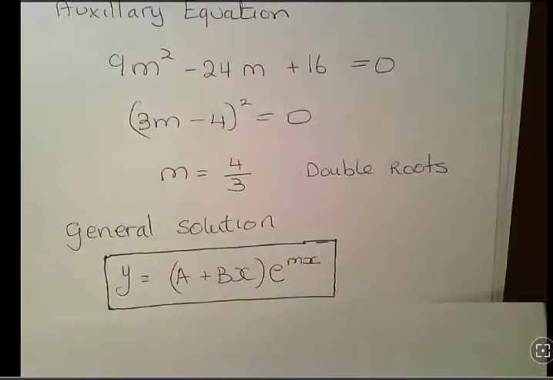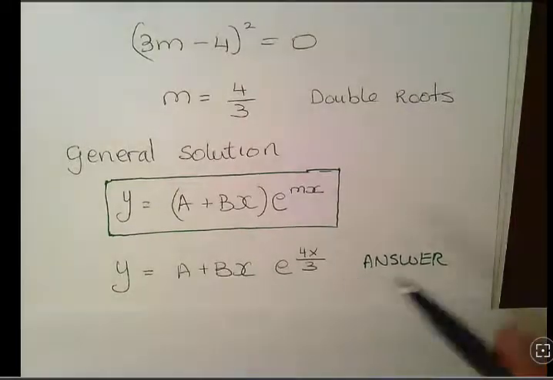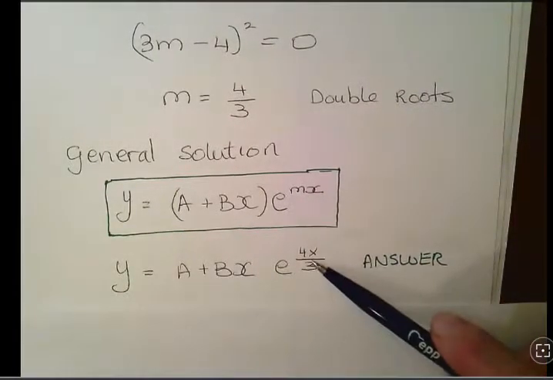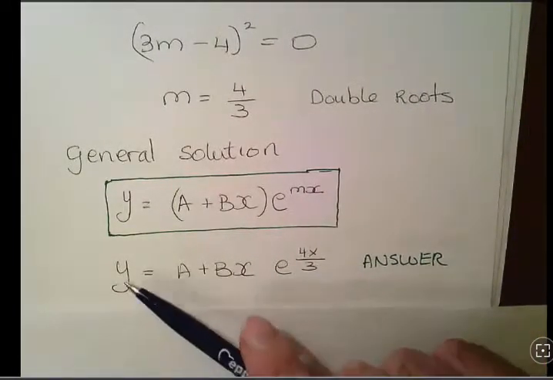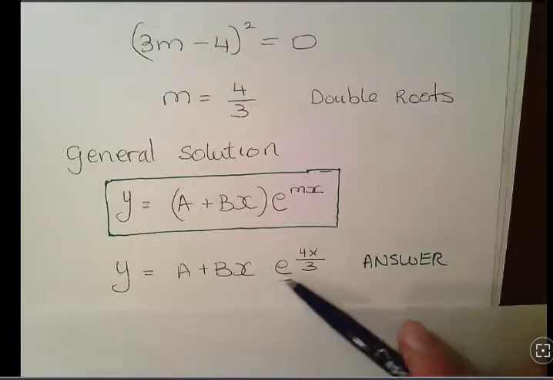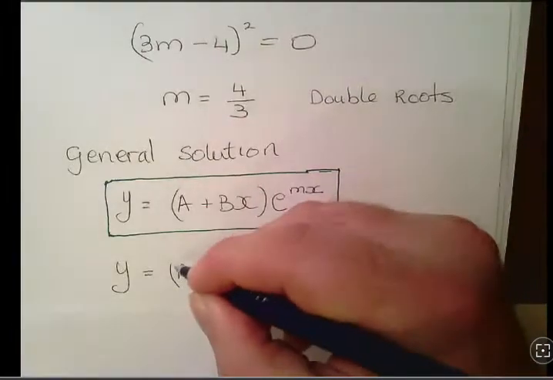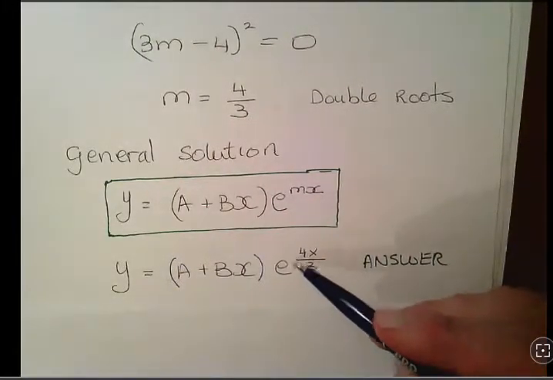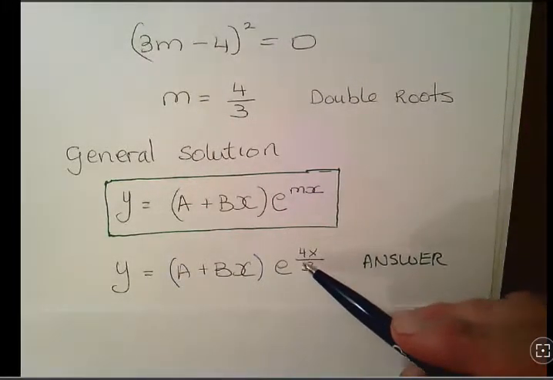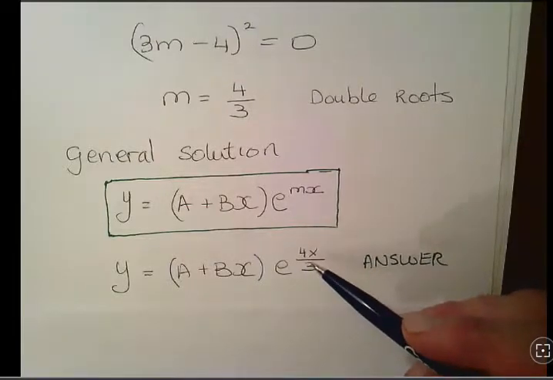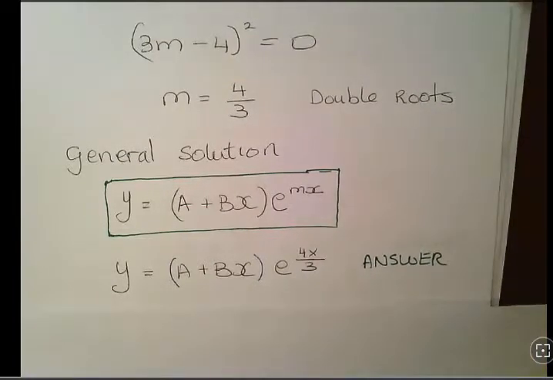So we substitute in m as 4 over 3, and that is our answer: y equals (a plus bx) times e to the 4x over 3. That's the answer to the first one.